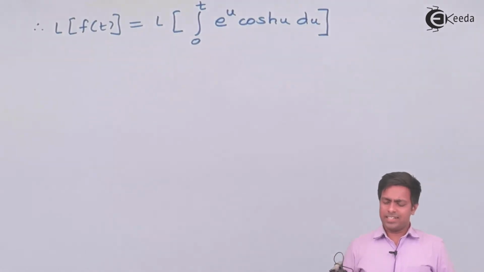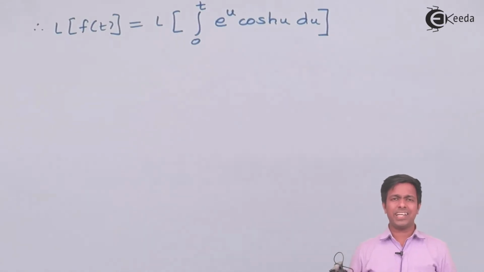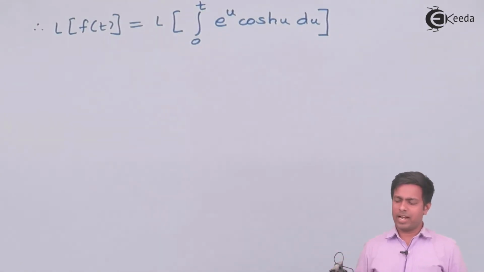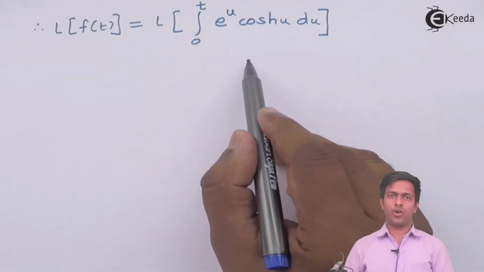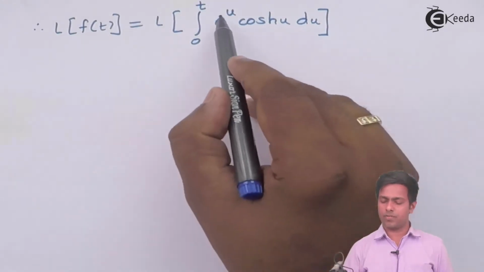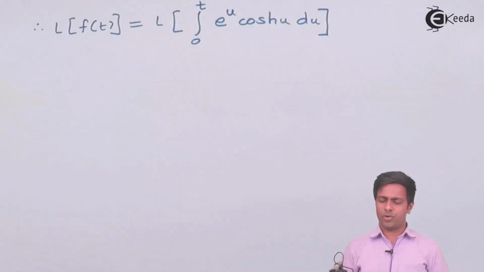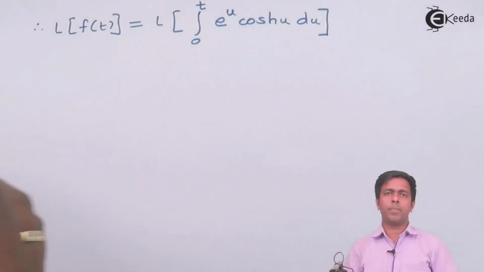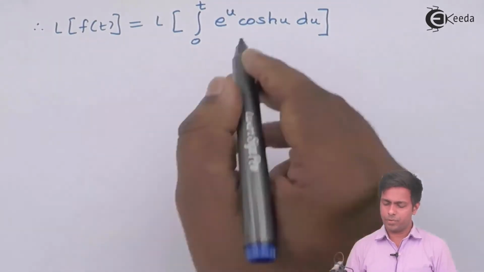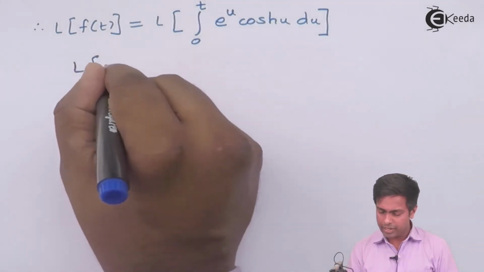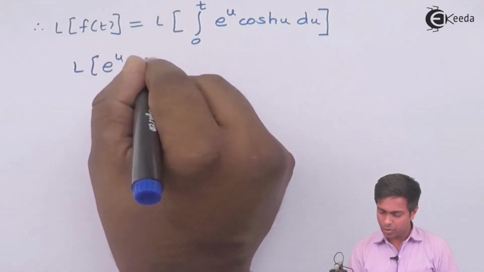Now guys, this is exactly matching with Laplace transform of integral property. So in that the answer is given by 1 upon s into function of s, which is nothing but the Laplace of this f of u. So let's find out Laplace of this and then apply the Laplace transform of integral property. So Laplace of e raised to u hyperbolic cos u equal to.